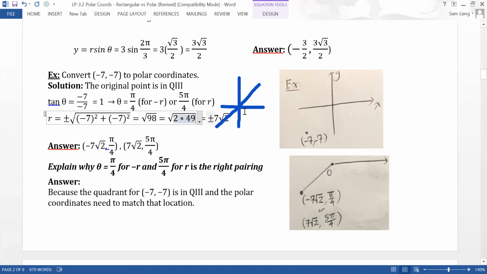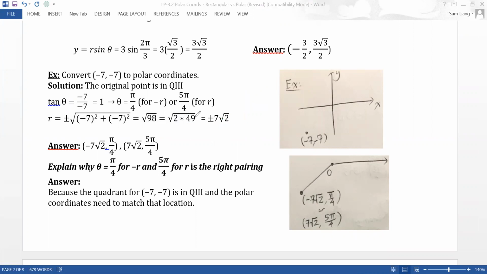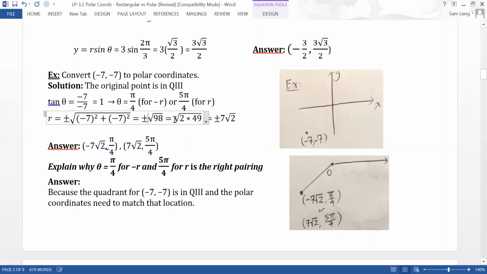But yeah, square root of 49 is 7, so we move that to the outside of the radical, so it'll be 7 root 2. Just make sure you have plus or minus. Just to be technical about it, let me add that in, plus minus. All right, so as you see, there's two possible r values, plus or minus 7 root 2. So it's positive 7 root 2, negative 7 root 2.